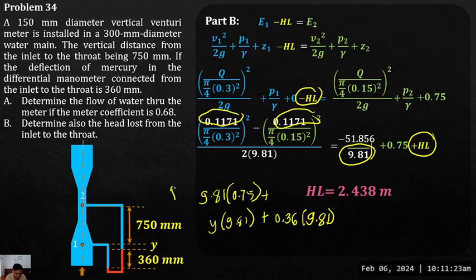So, let's say this is P2 plus ano siya. Tapos, minus, kasi aakyat na tayo dito, minus 0.36 plus Y times 9.81 equals P1.